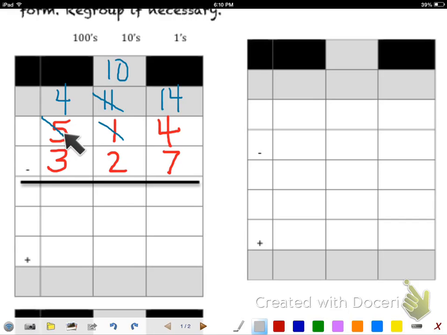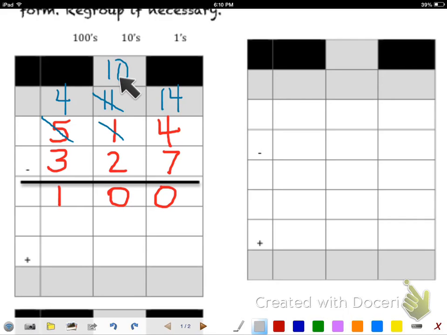And we can do that left to right because children naturally read and write just like we do from left to right. So here we go, 400, because 4 is in the hundreds place, minus 300 gives us 100.